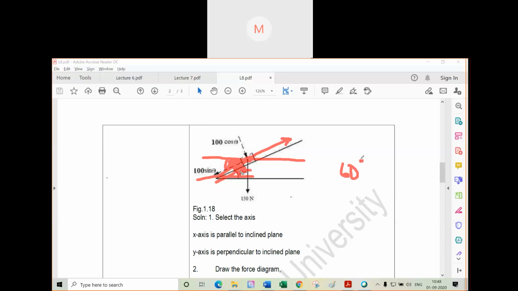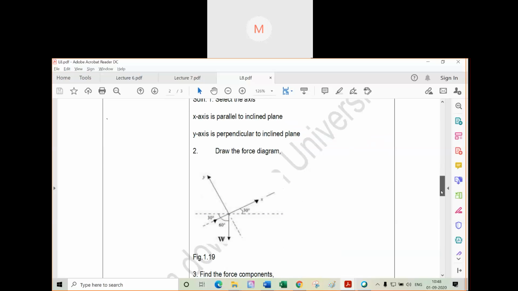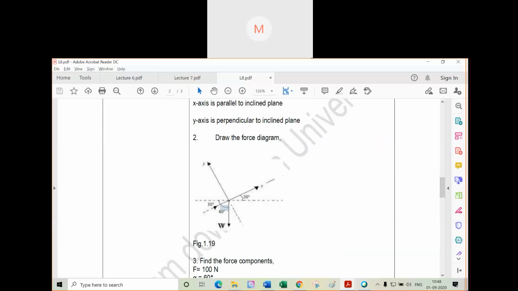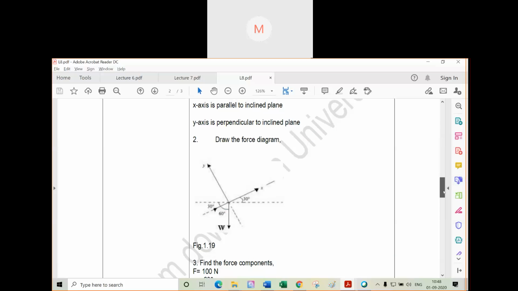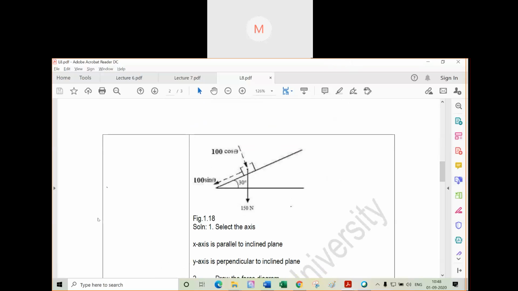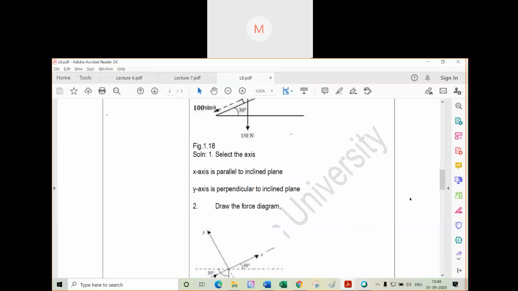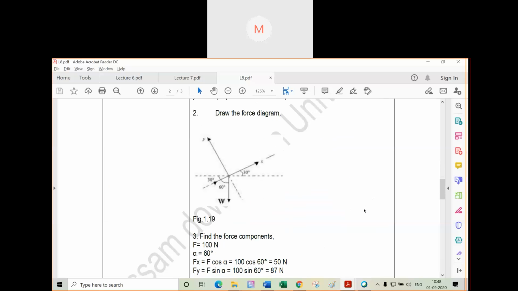And the upper one will also be 30, na? So in this way, you can find out the components of the force.